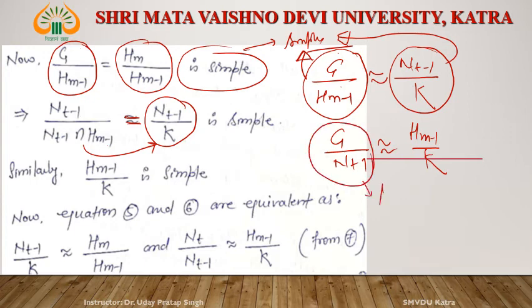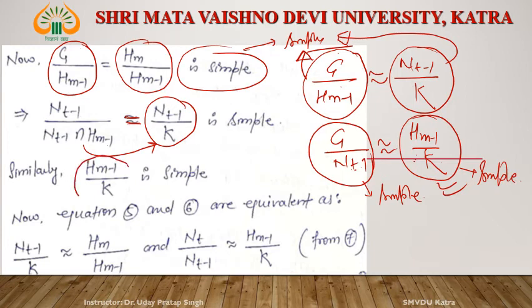This is simple. And this is isomorphic to Hm-1 by K, so this is simple. Since this is isomorphic to this, this factor group is also a simple group. It means these two factor groups are simple groups. Okay.